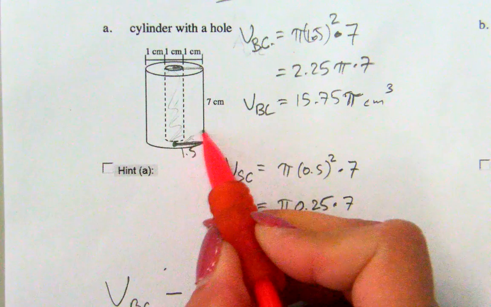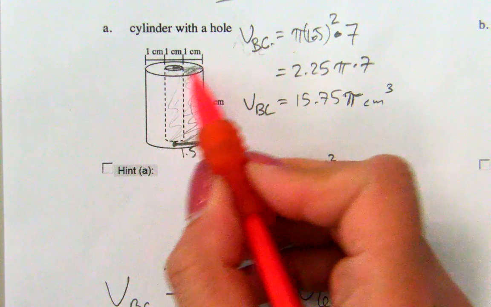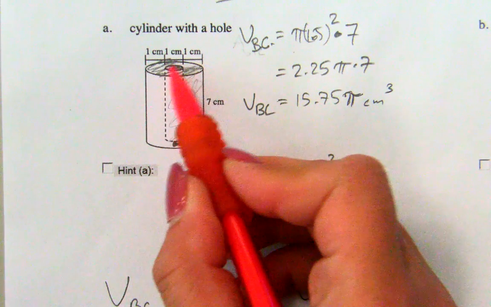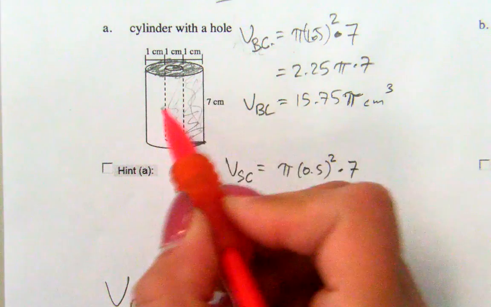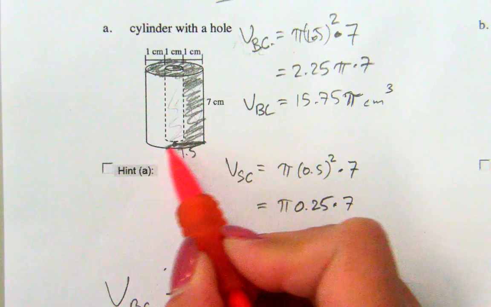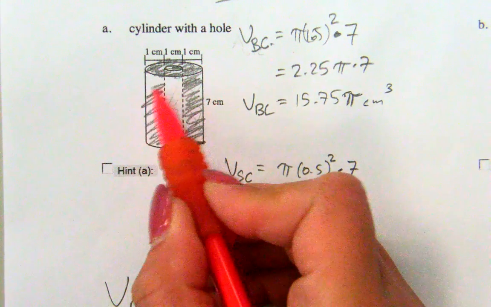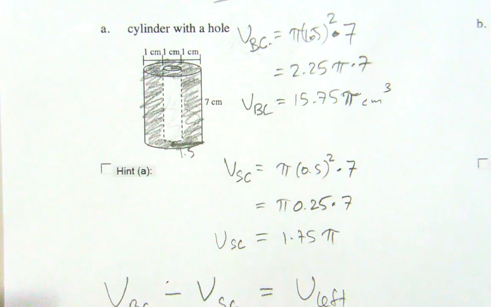So it's basically like the pieces that are, I'm going to shade it really quickly. The volume of this piece right in here. It's kind of almost like a washer, but it's not really a washer. It's a 3D washer. All right.